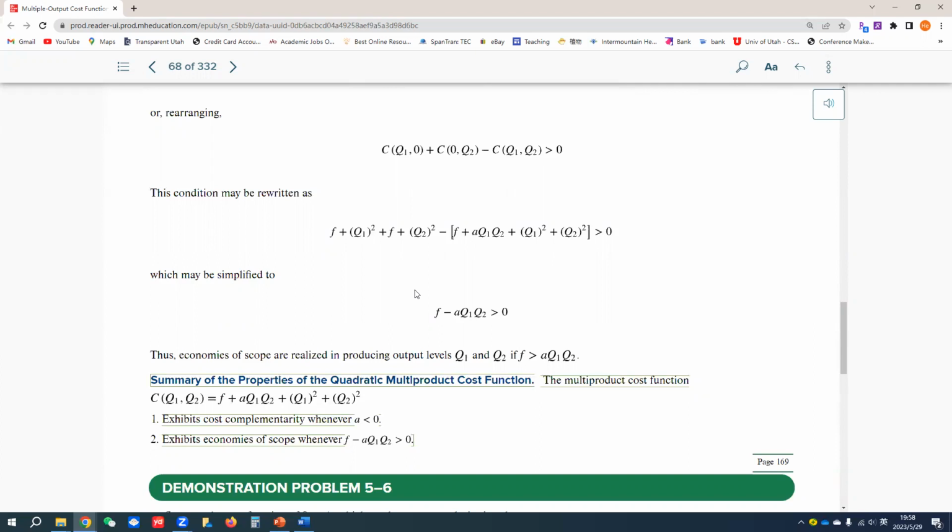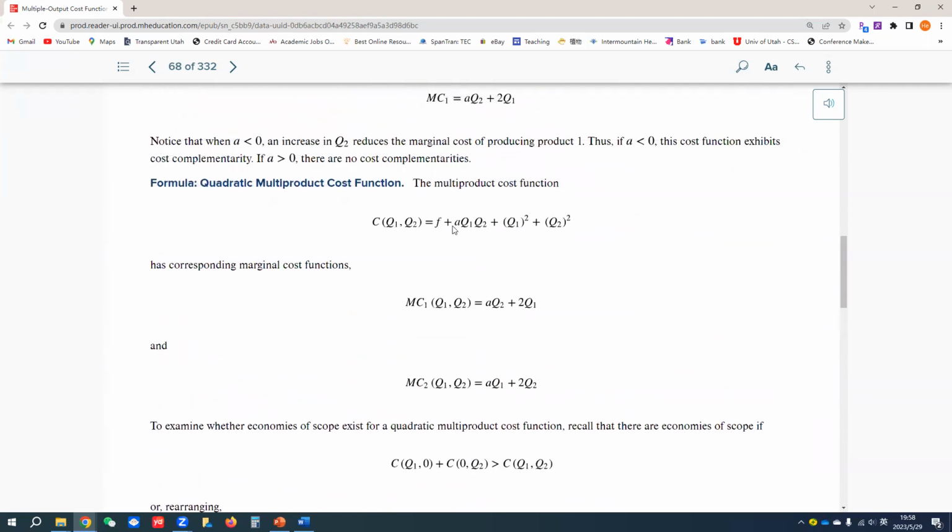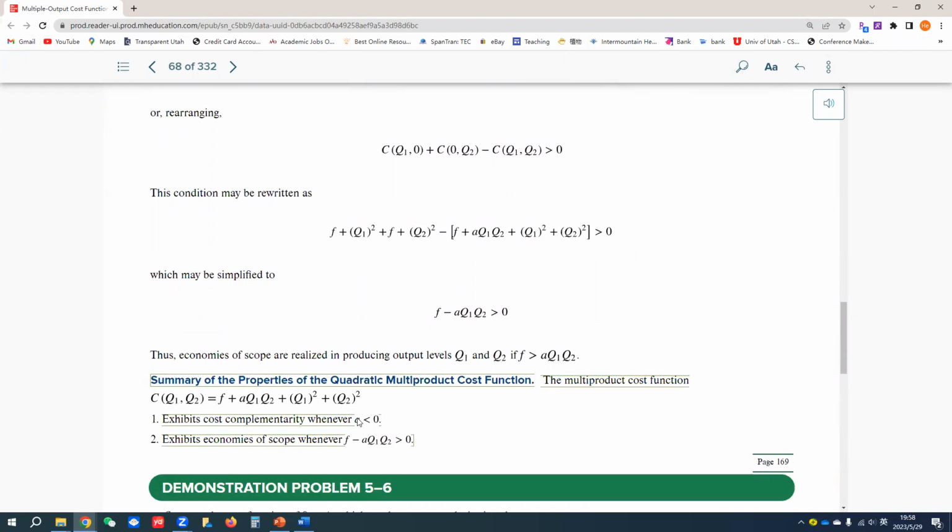Basically the conclusion is that if A, the coefficient of the cross term, is smaller than 0, then there is complementarity. And if F minus A Q1 Q2 is greater than 0, then there is economies of scope.